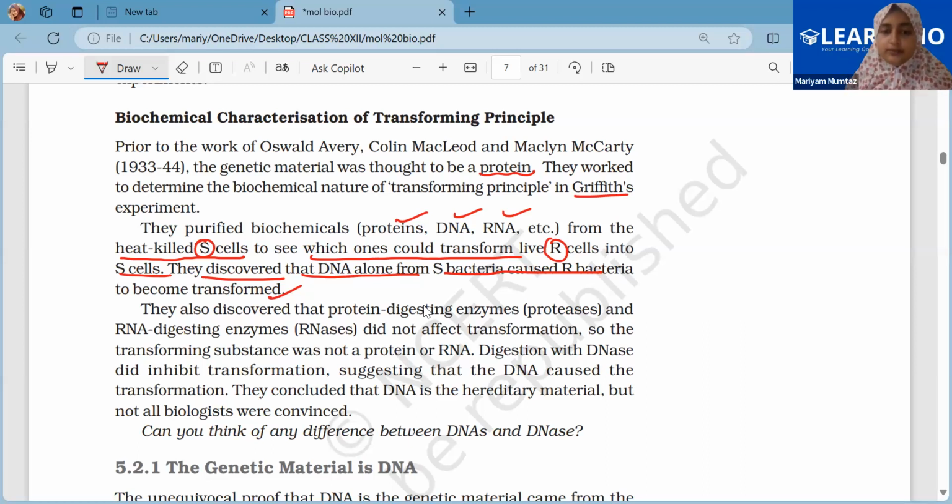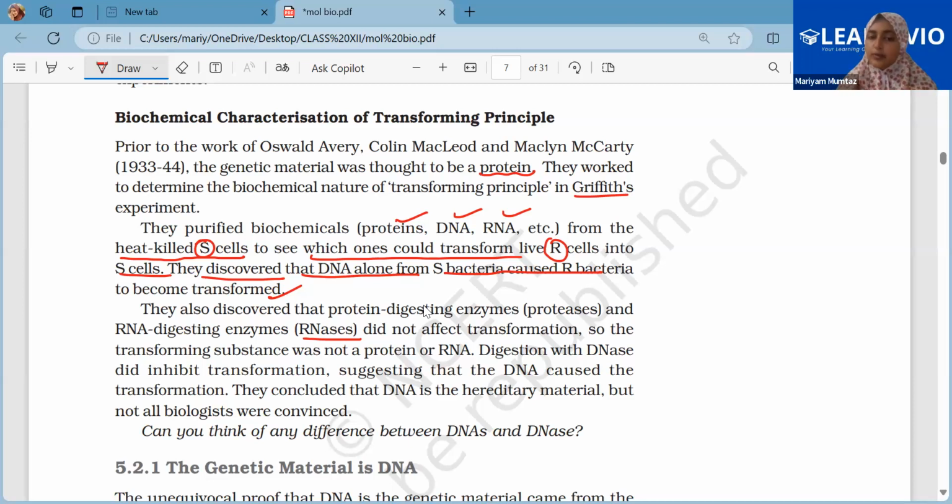Now they discovered that protein-digesting enzymes, known as proteases, and RNA-digesting enzymes, RNases, did not affect the transformation. Proteases are the ones that destroy or digest the protein. Same goes for RNases. So they said, okay, while doing the transformation experiment, let us put these enzymes.